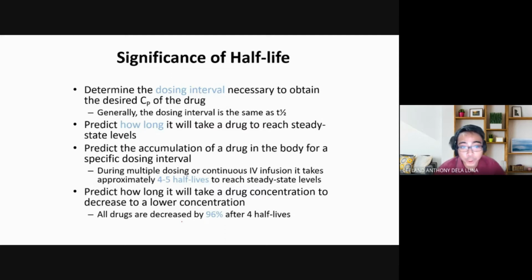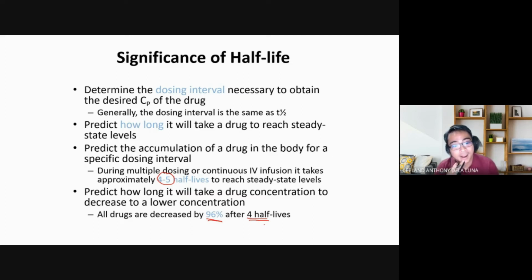It can be used to predict how long it will take for the drug to reach steady state, like I've mentioned earlier. It predicts the accumulation of a drug in the body. As I've said, for steady state concentrations to be reached, it takes about 4 to 5 half-lives. And it predicts how long it will take for a drug concentration to decrease to a lower concentration. Approximately 96% of your drug will be eliminated after 4 half-lives, provided you do not administer additional doses. Ulitin ko lang.